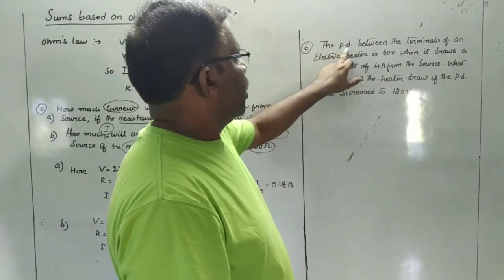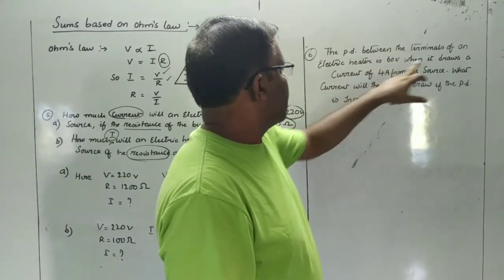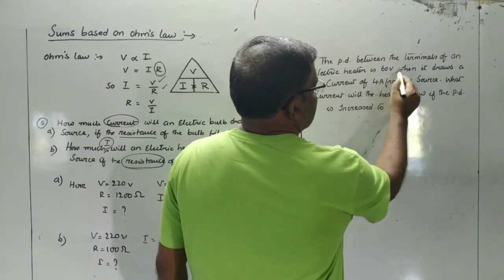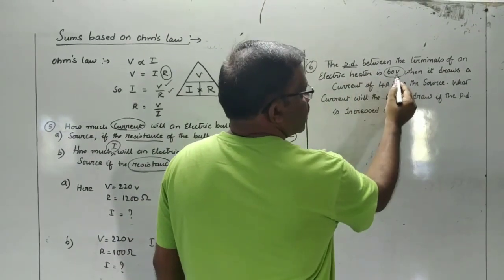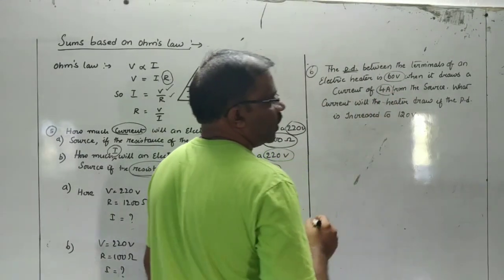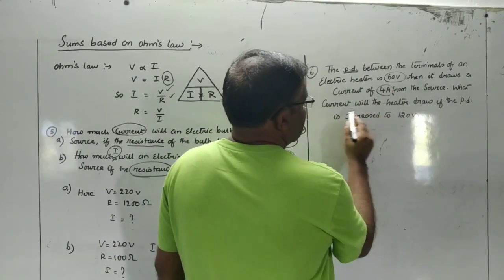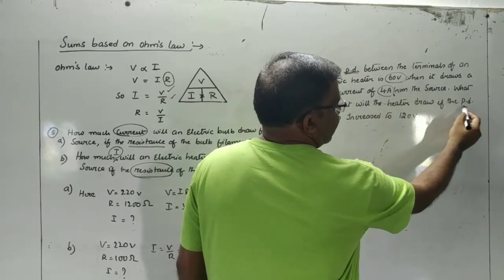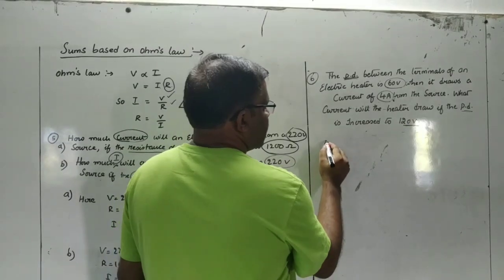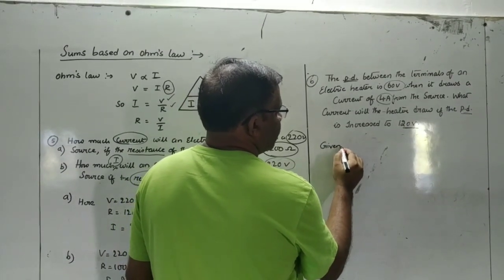Now coming to the next one. Here you are given the potential difference between the terminals of an electric heater is 60 volts. Then it draws a current of 4 amperes from the source. So what is the current that the heater draws if the potential difference is increased to 120 volts? First, let us write the given information.